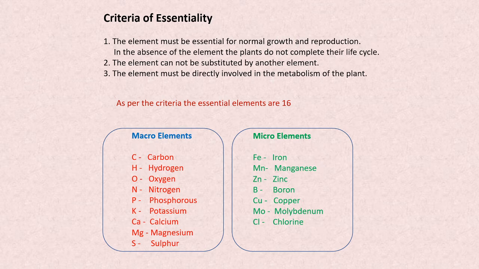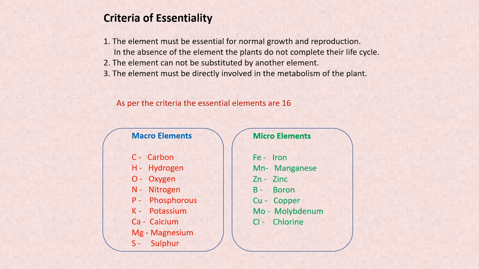While if their requirement is from 1 to 100 microgram per gram of dry matter, then they are considered as micronutrients. So the criteria of essentiality, how we can determine that these elements are essential, and how we can determine how these are not essential.